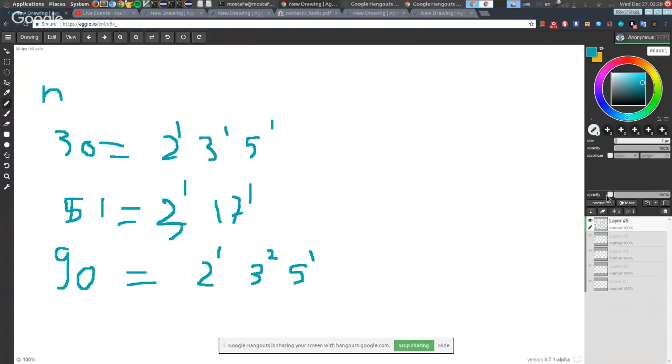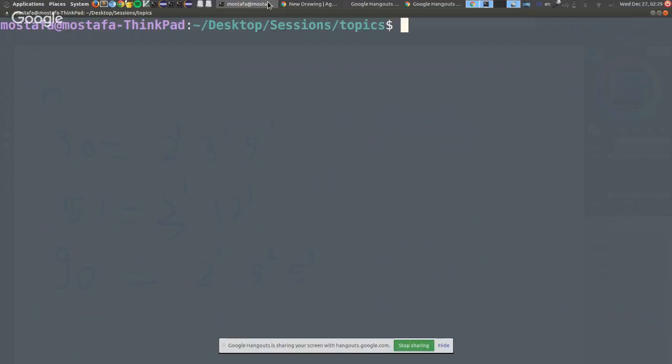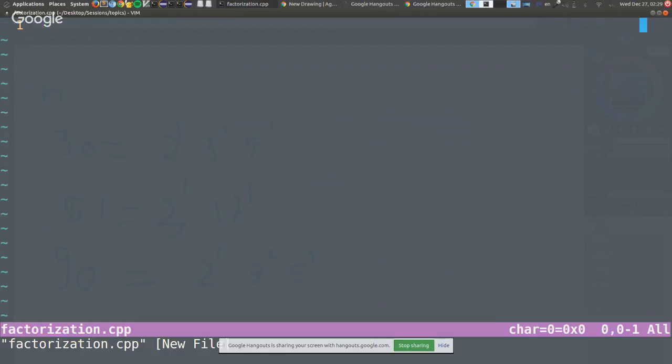So how do we find that? There are two ways, but one of them is very naive. I will begin by showing it in code right away.